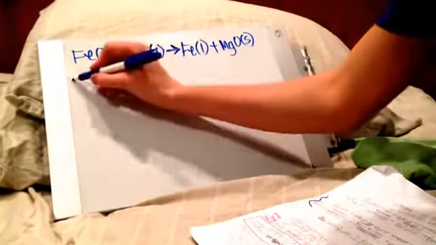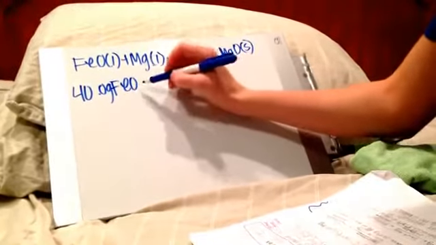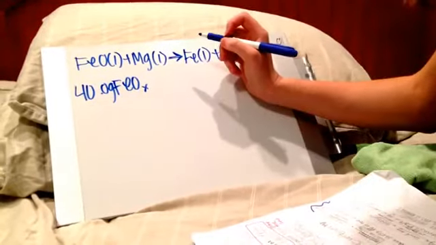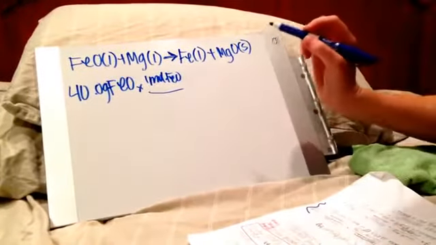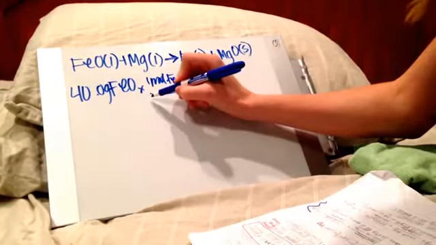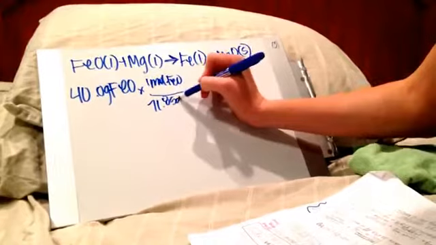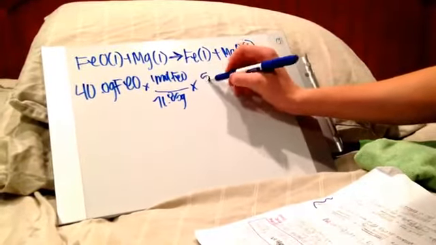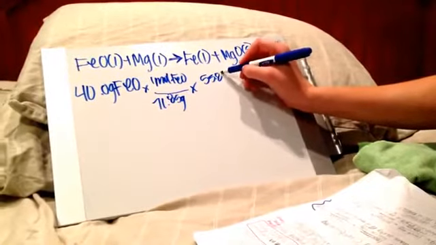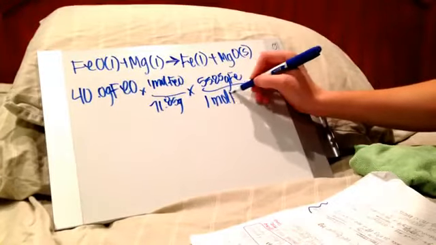So we're going to start with 40 grams of iron oxide. Okay, and then we're going to times that. We're going to make one bridge. We're going to times it by 1 mole of iron oxide over the molar mass, and the molar mass is, let's see, 55.85, which is iron, and 16, which is oxygen, and that equals 71.85 grams. And then we're going to make a second bridge, and this will be the molar mass of iron, which is what we're trying to convert this to, so it'll be 55.85 grams of iron, and then that's going to be over 1 mole of Fe.